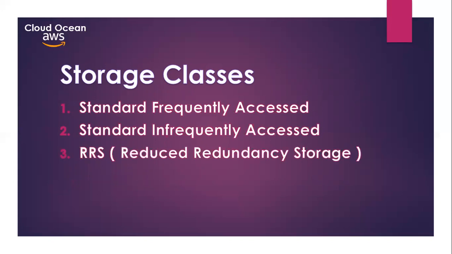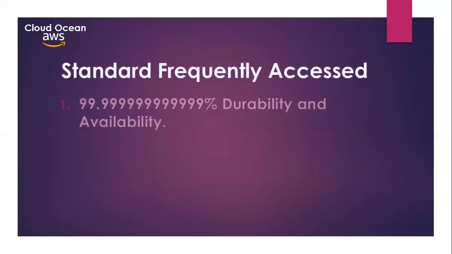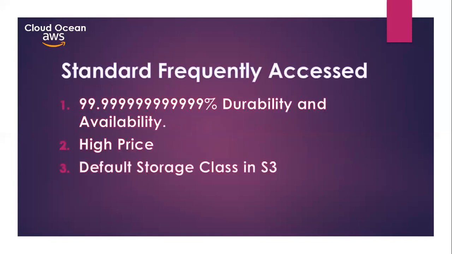In S3, these are the storage classes which we have. The first one is standard frequently accessed, the second one is standard infrequently accessed, the third one is RRS, that means reduced redundancy storage, and the fourth one is Glacier. Standard frequently accessed is the default storage class in S3.